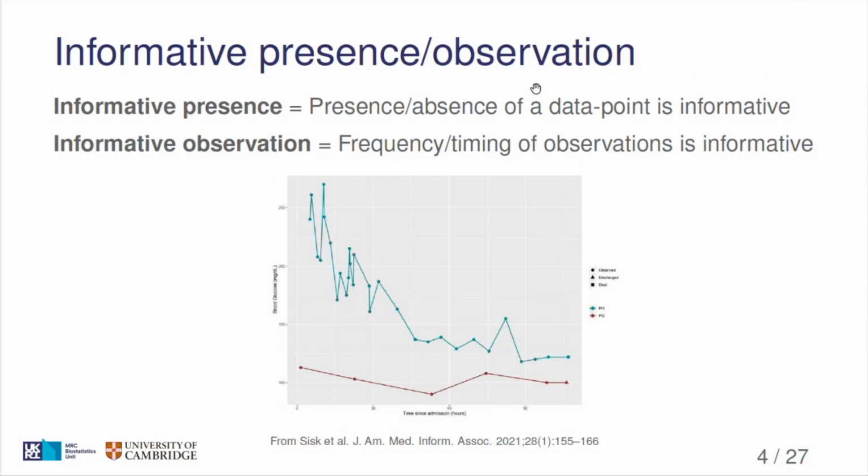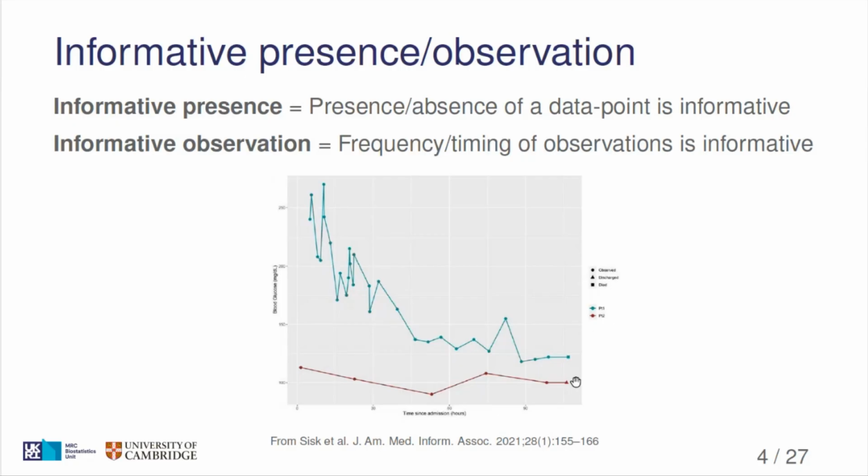So this might be thinking much more in the missing data context. So you might have missing values of sex or ethnicity or something like that in your study. Informative observation is more in the longitudinal context, where you're taking repeated measurements of some biomarker, and the frequency or timing of those observations is informative.